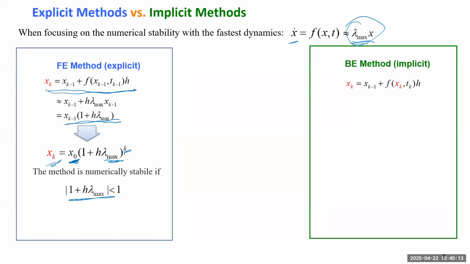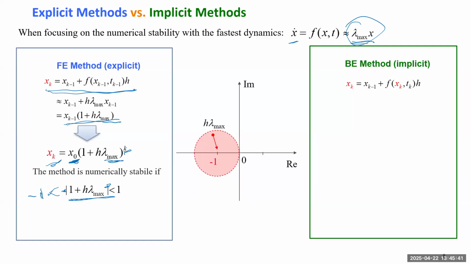If this is larger than 1, then when k is large enough, S_k, an exponential function, will blow up, and the system will become numerically unstable. So we have to solve this inequality. Taking the absolute value, this means it is either less than 1 or bigger than -1. And you solve this.